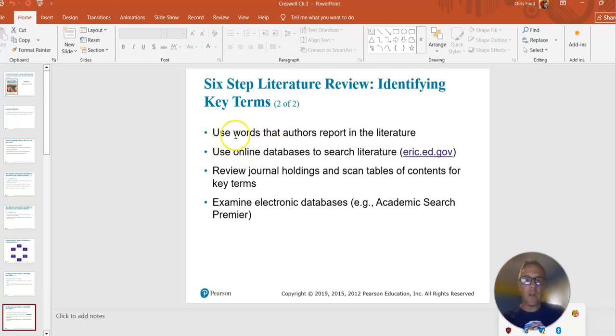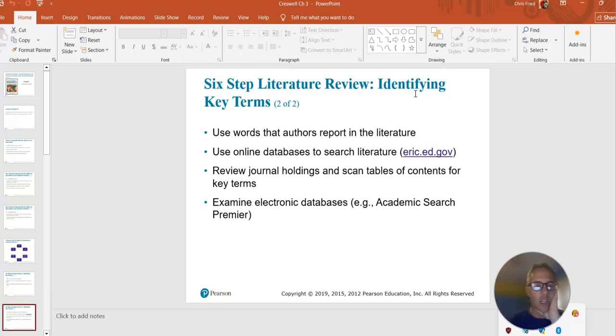So authors will report or put key terms in their article that they might have published on ERIC or EBSCO, and if you have a key term that matches up to it, it'll pop up. So sometimes it can be difficult to find what you want to review and look at if you don't have the right key terms. Okay, so there's a lot of databases, and I'm going to show you here quickly as we get into that how to go about doing that.